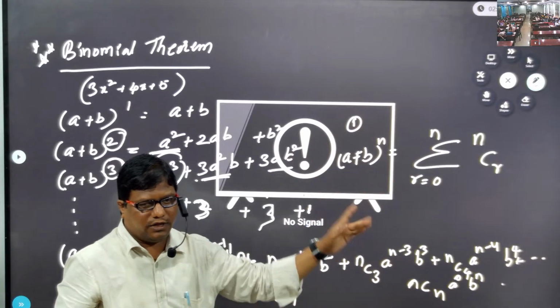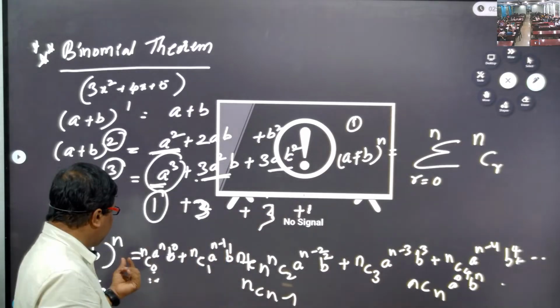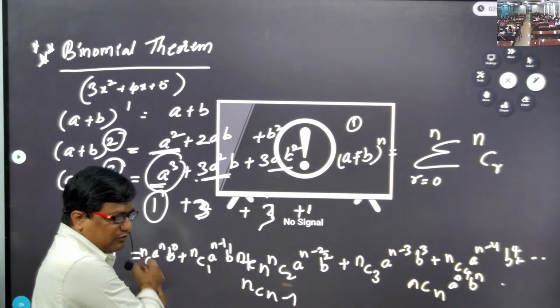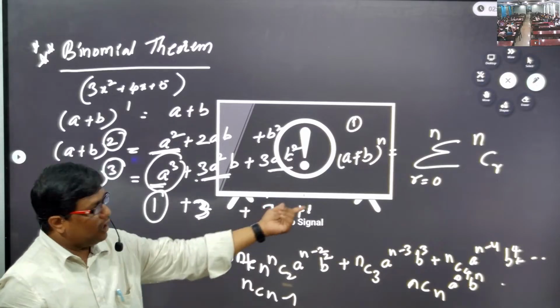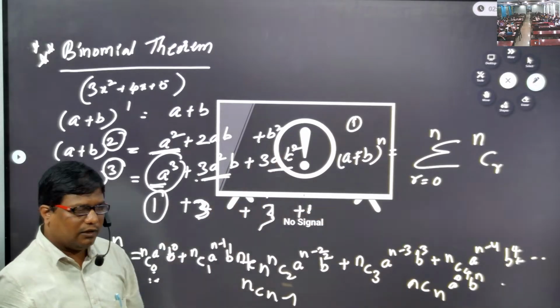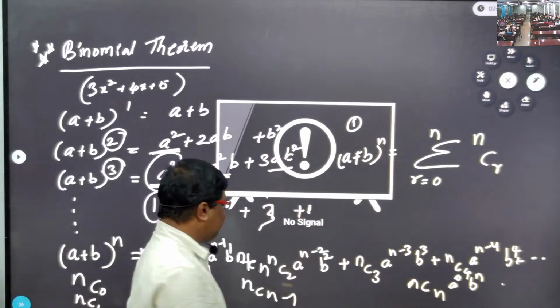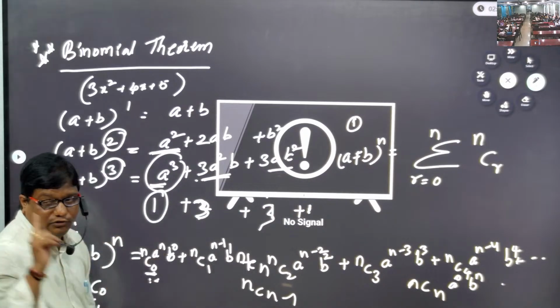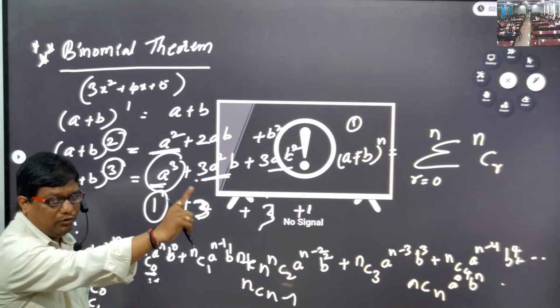The r value will range from 0 to n. Clear? Here the r value is going to be increasing from 0 to n.